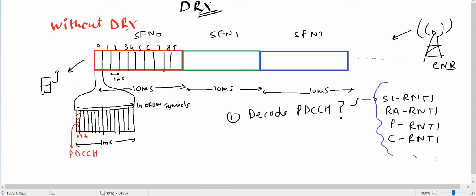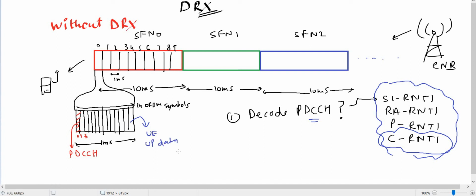These are the RNTIs carried by PDCCH. Suppose you decoded PDCCH and found that the RNTI carried by PDCCH is C-RNTI. Then you will come to know that the current subframe is carrying some UE-related information, it can be user plane data. Basically, PDCCH will tell what information PDSCH is carrying.